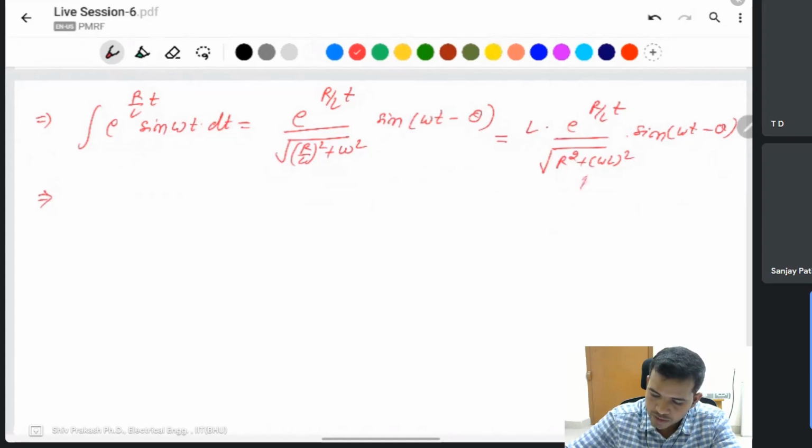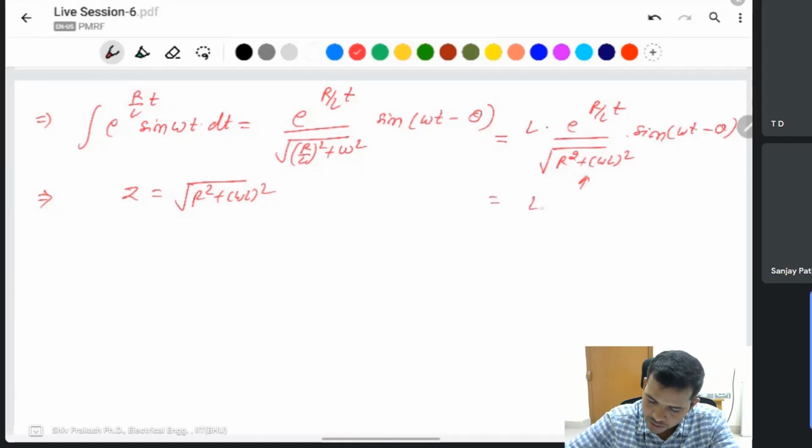We write this one as Z, the impedance, root of R square plus omega L square. We finally say that e power R by L into t divided by Z sin omega t minus theta is the final.